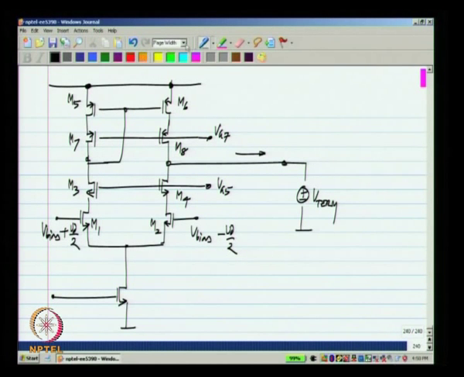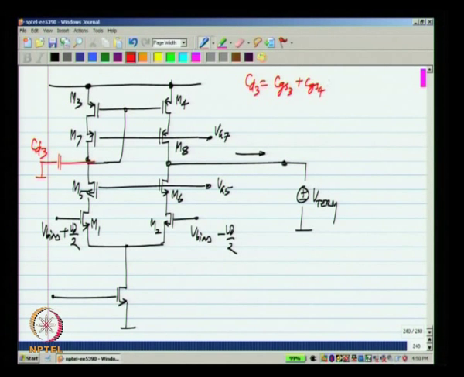Now, with every node we will have parasitic capacitors, and this circuit has a lot more nodes than before, but the primary parasitic was this one which we call CD3, which consists of CGS3 plus CGS4 plus CDB7 plus CDB5. It is similar to what was before.